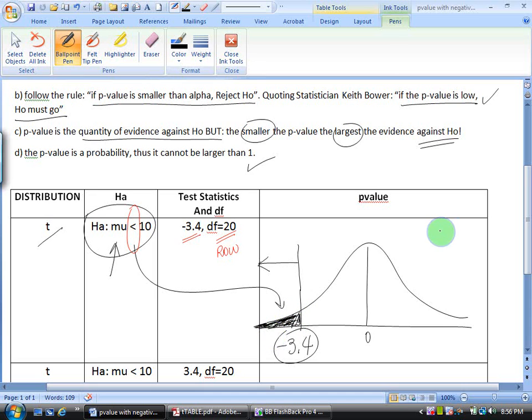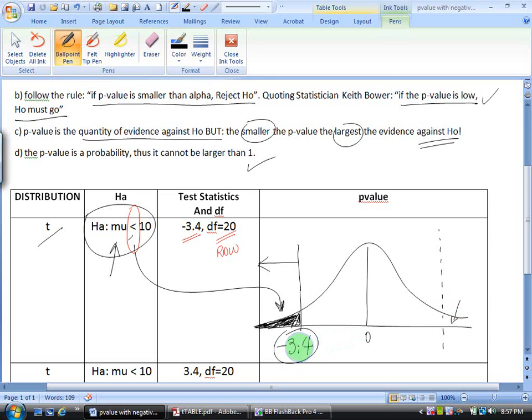So when we get to our table, we're going to be looking at a positive side somewhere here on the table. We keep in mind that even though HA says go to the left, and we did go to the left, we took the smaller side. So when we're looking at our table, we are going to take the smaller side.